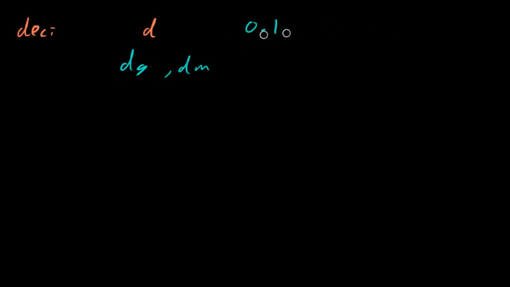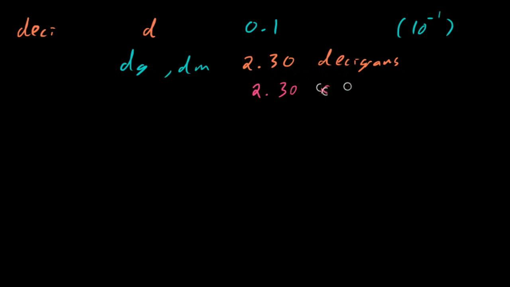And so what's 0.1 if we were going to write that in scientific notation? Well, it's 10 to the minus 1 power, right? So if I said I had 2.30 decigrams, and I wanted to just write this in scientific notation without using decigrams, I could just say that this is 2.30 times 10 to the minus 1 grams.